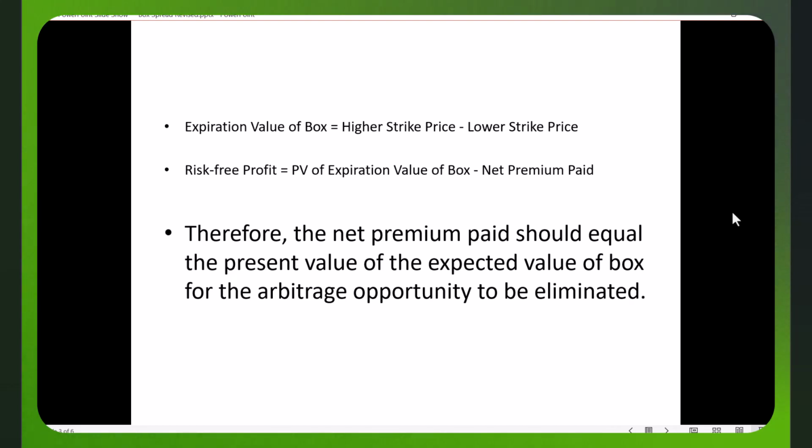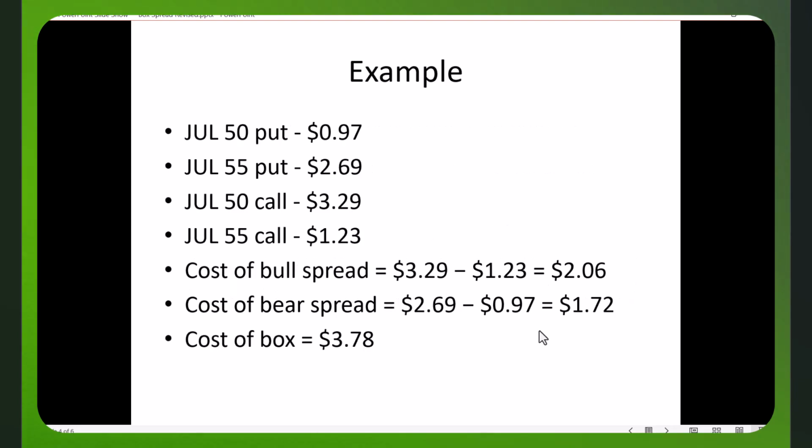If it's not, there may be an arbitrage opportunity. Now, in this discussion, we're assuming no transaction costs. So even if prices aren't perfect, there still may not be the opportunity to benefit from it once you account for transaction costs. So let's take a look at an example.